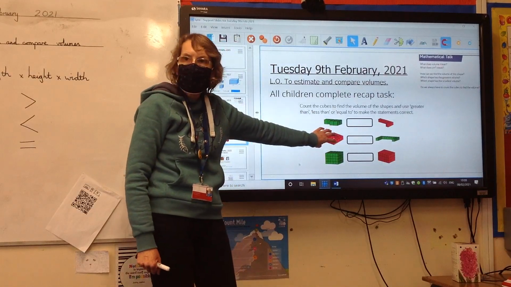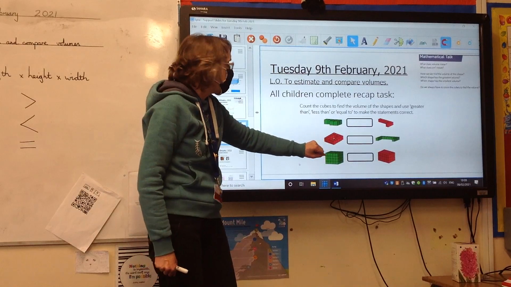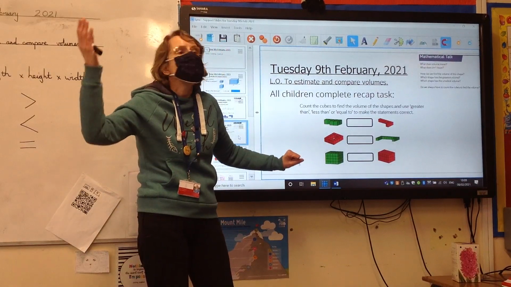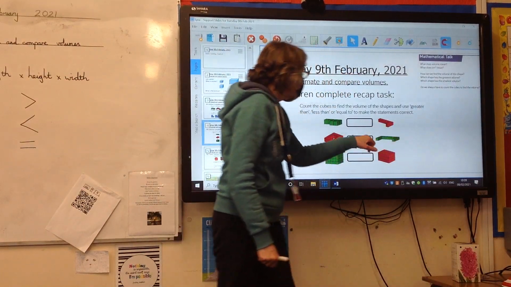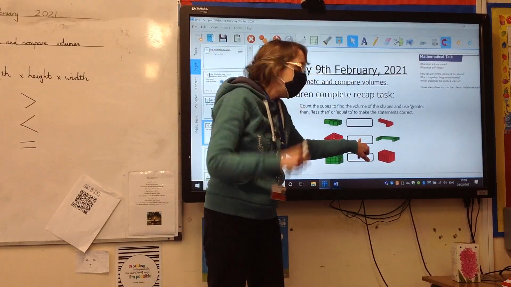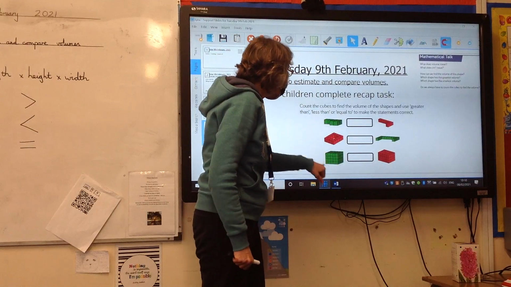What about the other one? I think it might be 14 as well. Yes, if you check it, there's 14 as well. So what sign will go in the middle? Equals. Good.